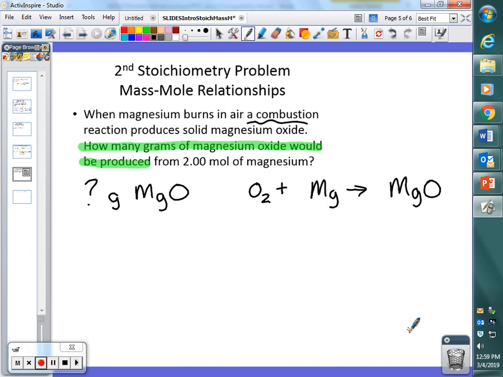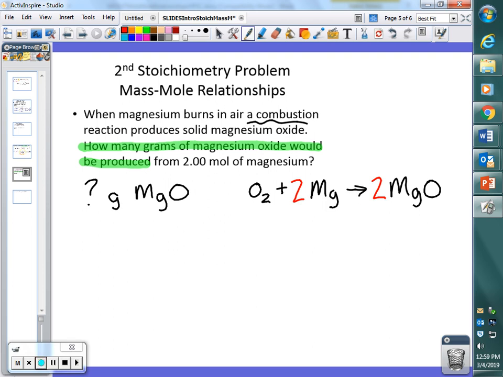Is it balanced the way that it's currently written? No. Not too hard to balance that one, so let's balance it pretty quick. And there's our balanced equation.